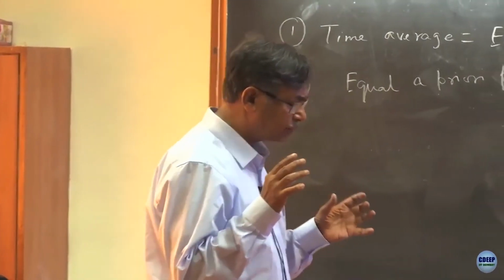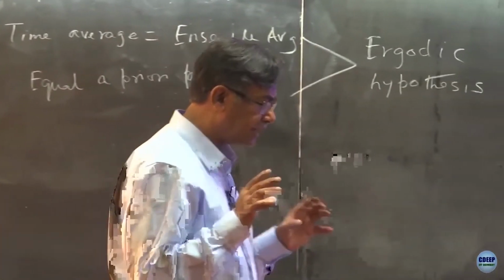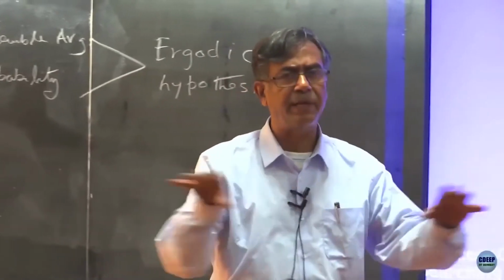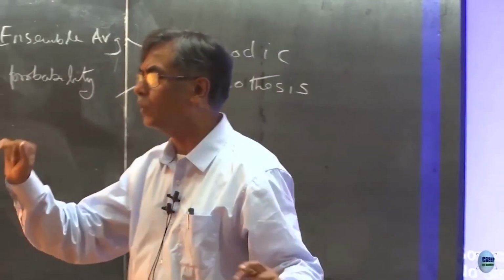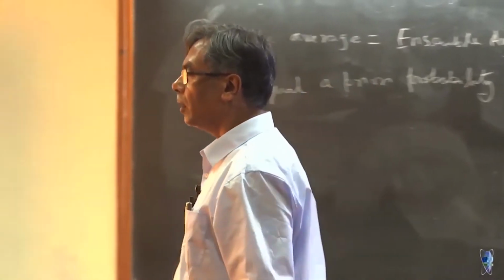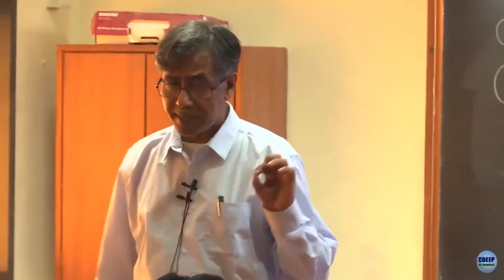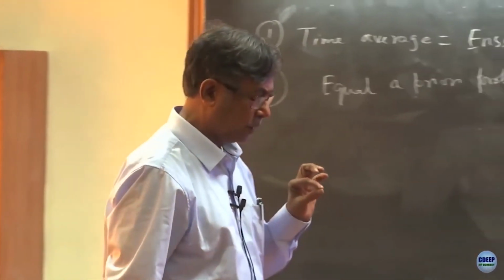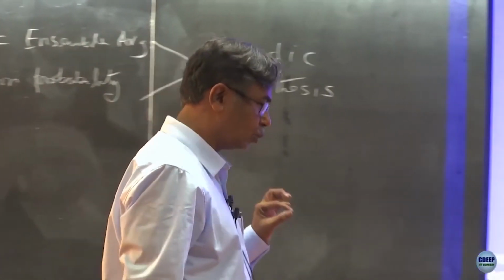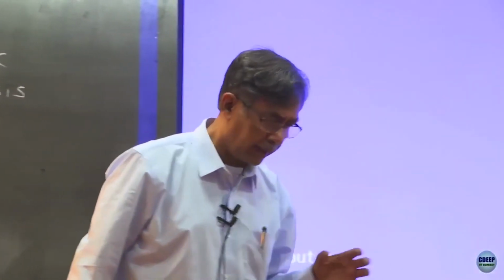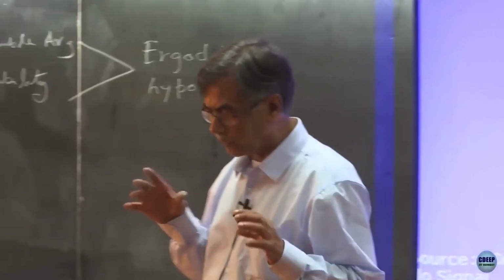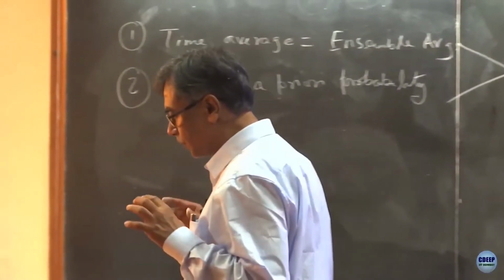So then Willard Gibbs made the important observation, as I told you last class also, that let me have 10 glasses of water half full. By that time, the kinetic theory of gases was already understood.